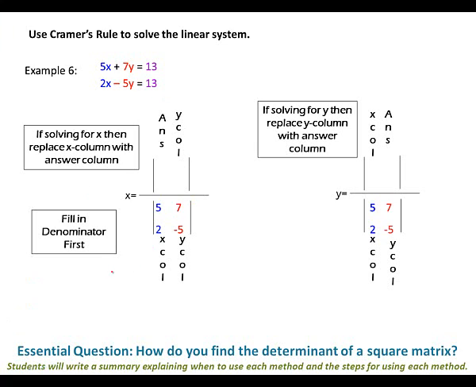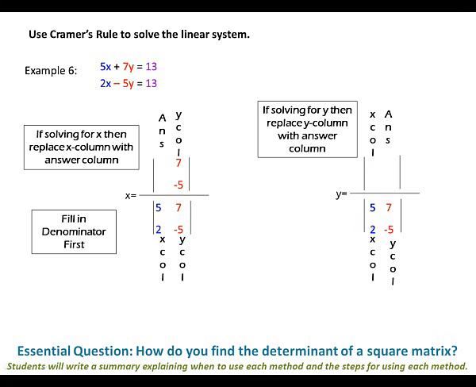Here's what I'm going to do next. Whichever variable I'm solving for, I'm going to shove the opposite set of numbers upstairs. So in the first one, I'm shoving the 7, -5 upstairs. Why? Because that's the way you solve for it. Whichever one you're not solving for goes upstairs.